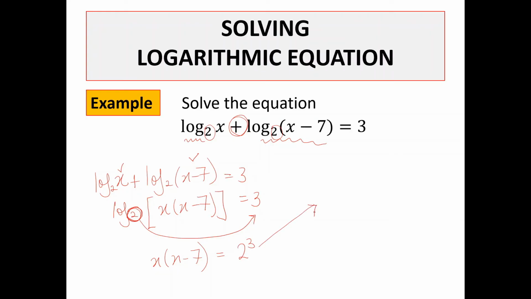Okay, so from here we can have x squared minus 7x minus 8 equal to 0. Okay, factorize, you will get x minus 8 times x plus 1 equal to 0, and at the end we will get x equal to 8 or x equal to negative 1.